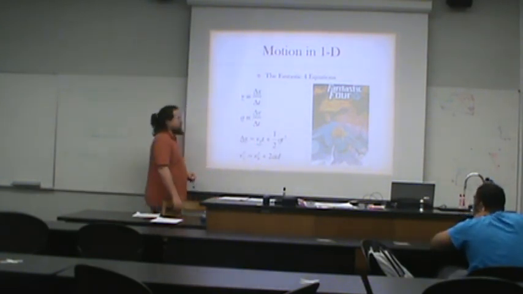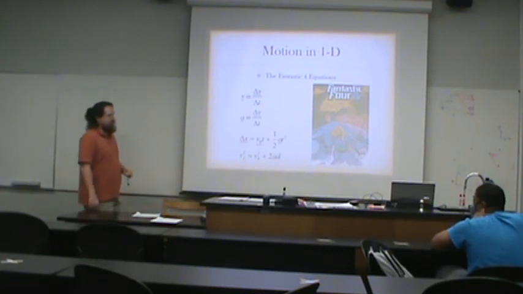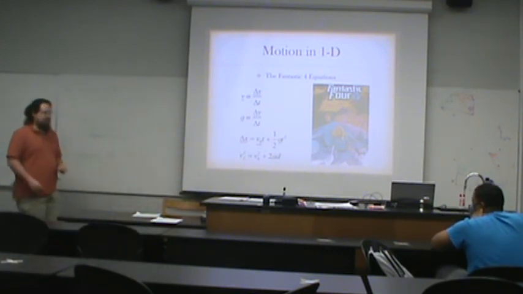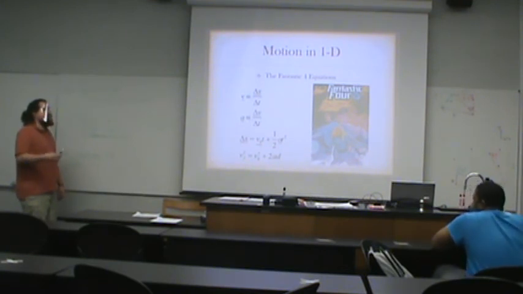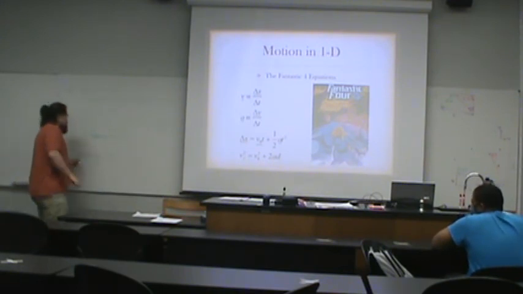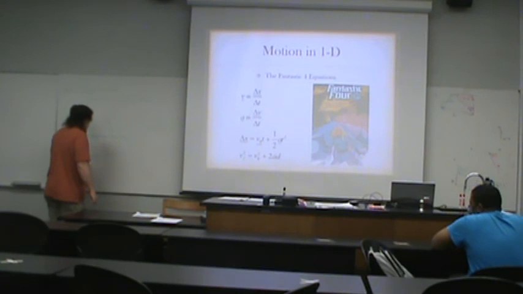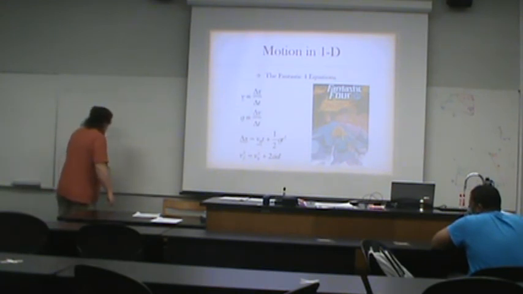In order to accelerate, you need to speed up or slow down, and that will take some amount of time. So you hit the gas in your car, you go from 0 to 60 in 3 seconds. 0 to 60 is a delta V, so 60 divided by 3 seconds, that's pretty fast. So, acceleration, change in velocity over time.